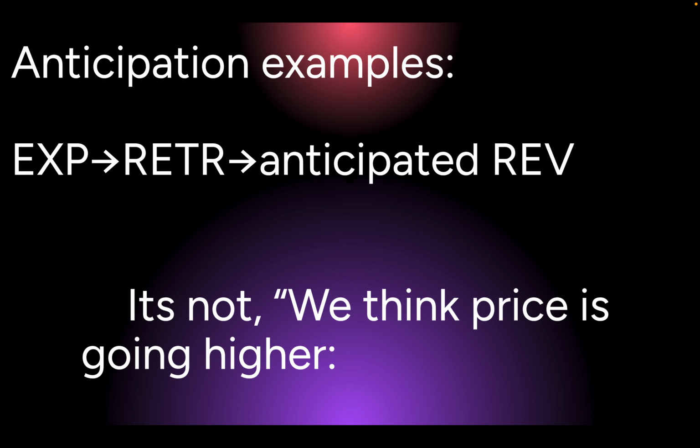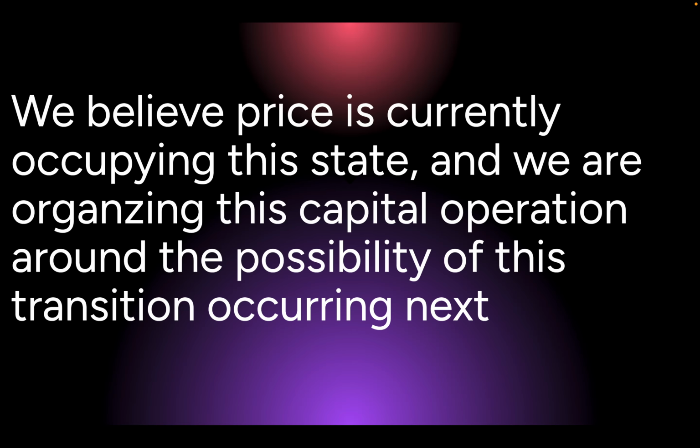It's much more in depth than, quote unquote, we think price is going higher. It is, we believe price is currently in this state. We are organizing a capital operation, a trade or an investment or a series of trades and investments, around the possibility of this next state occurring, right?